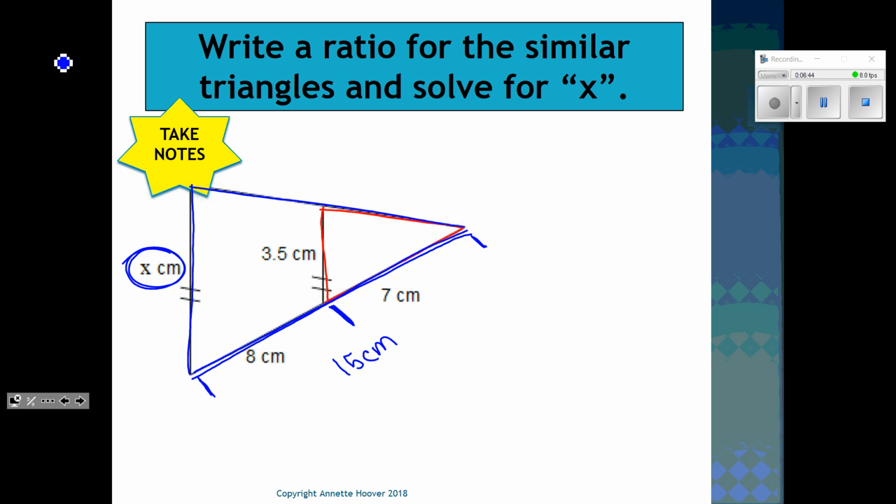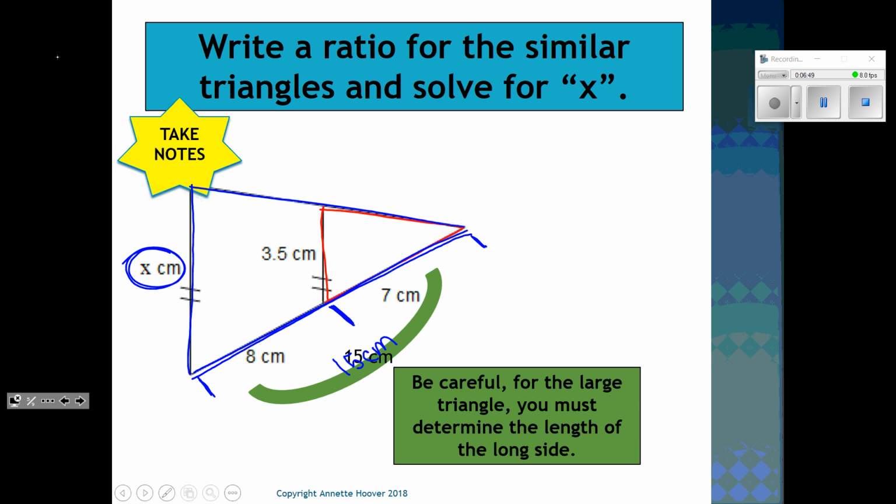Now we're ready to set up our ratios. So there's a little note there saying be careful. Sometimes you have to figure out the side if it's not given to you. We have the two sides, and then we have the two bottom sides.